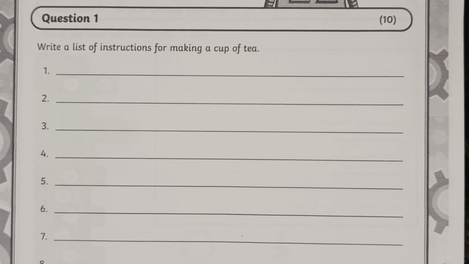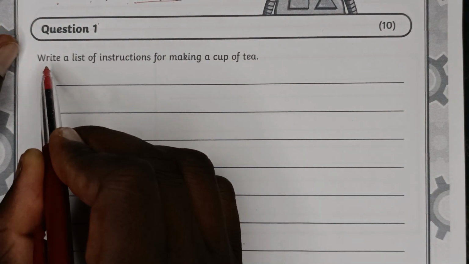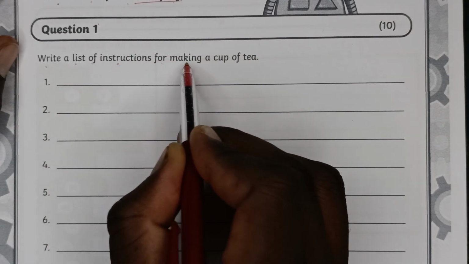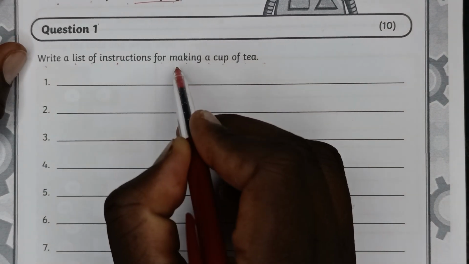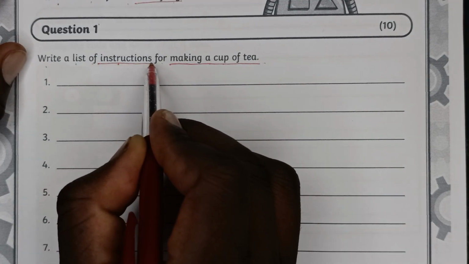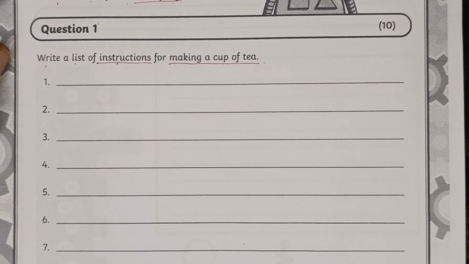All right, question 1. Question 1 says, write a list of instructions for making a cup of tea. Remember that this instruction list of making a cup of tea is used as an illustration to explain to you how coding happens.